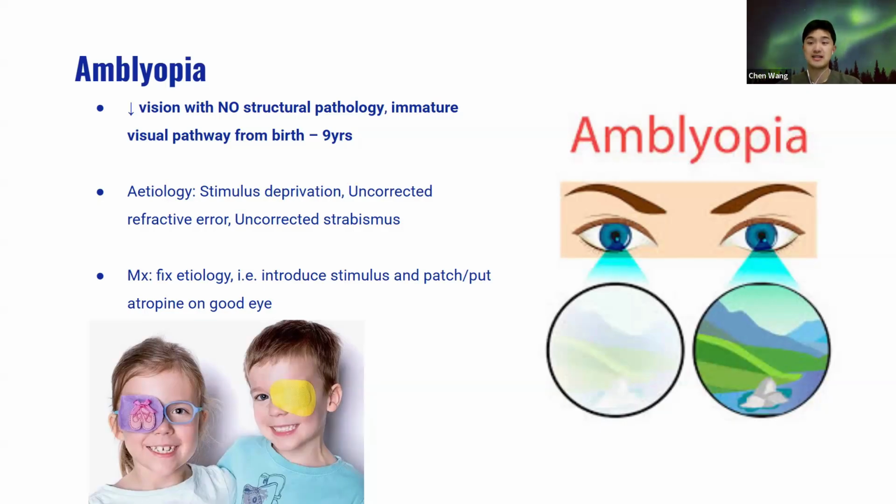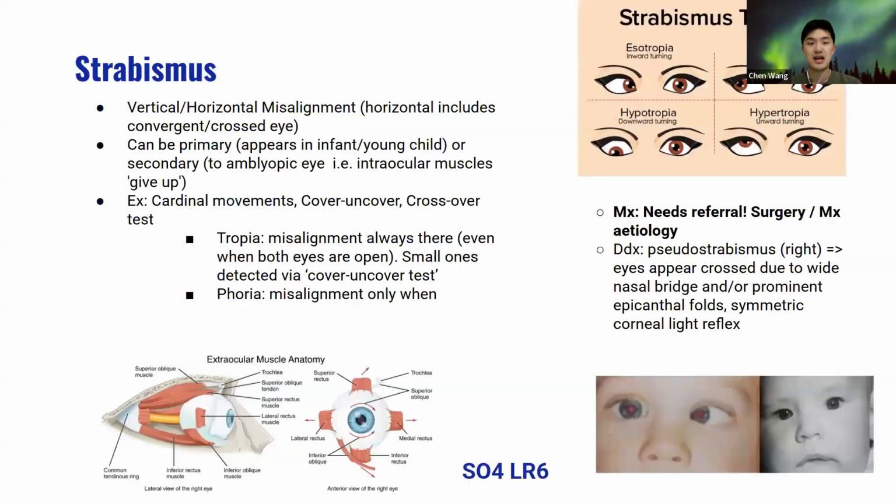And it's bad for the eye that's not being used much because it's unable to get all the stimulus to develop its functions. So to manage this, again, ophthalmology referral, and then you can actually put a patch or atropine on the good eye, so the bad eye has a chance to catch up as well.